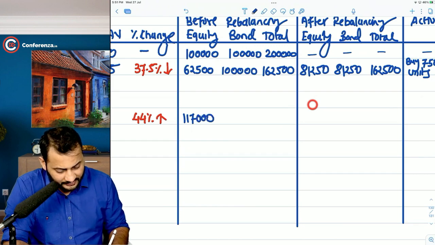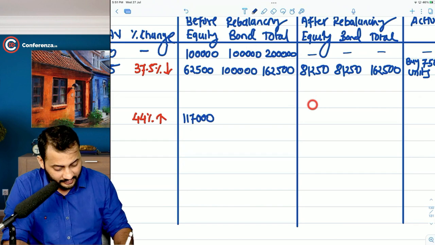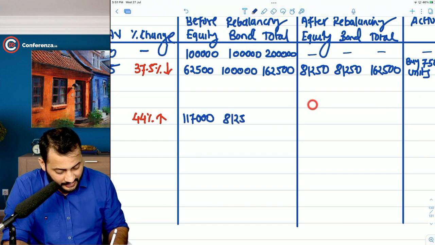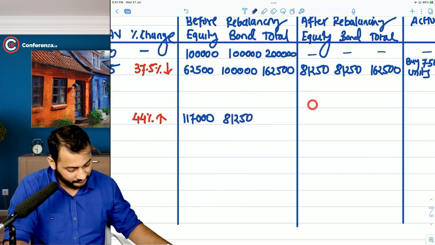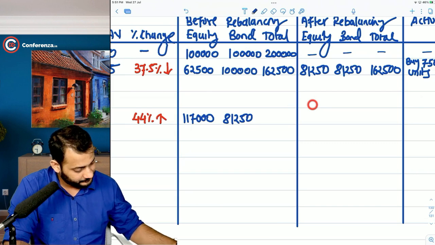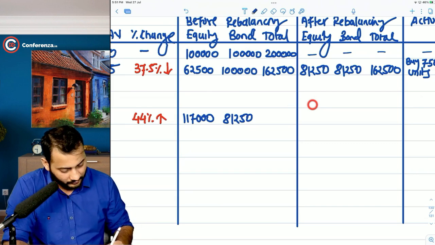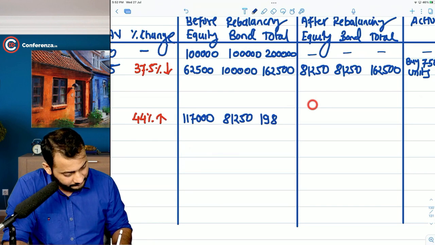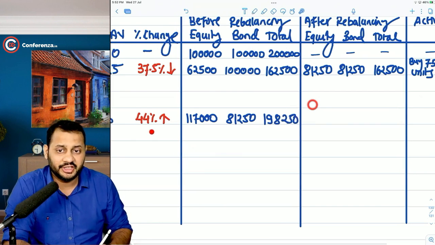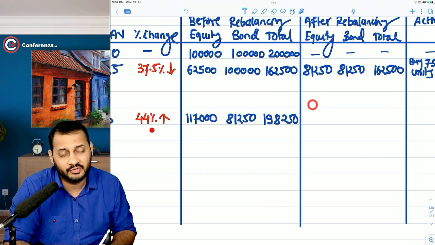This will remain as it is. 1 lakh? No, sir. This 81,250. The balance that we had on the last day. 198,250. So should we rebalance? Yes, sir, because the change in the NAV is more than 15%.